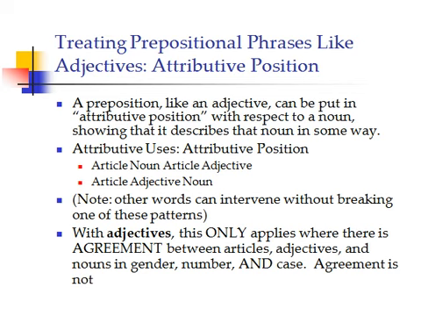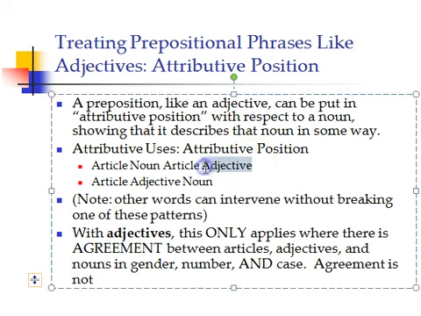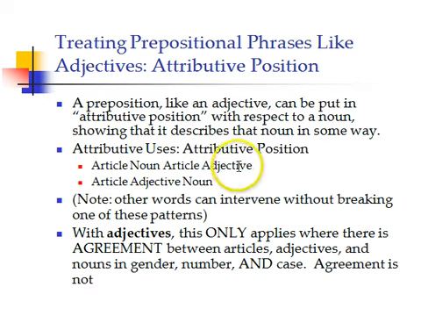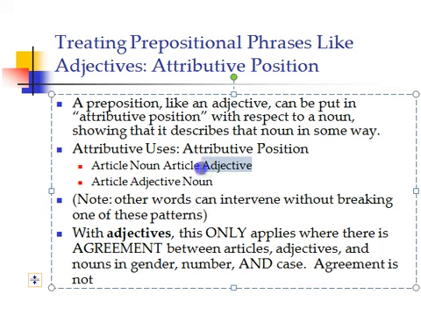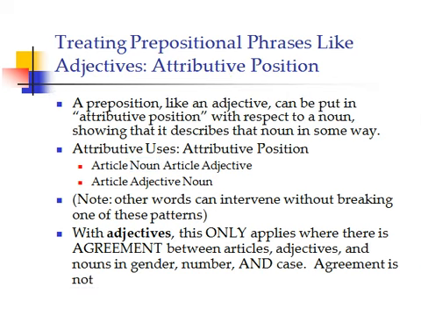And agreement, again, is very important. Just as there are 24 forms of an article, so also there are 24 forms of every adjective. Because in order for an adjective to modify, to describe a particular noun, a Greek speaker or writer is going to put that adjective in the same gender, number, and case of the particular noun that he's trying or she's trying to describe.